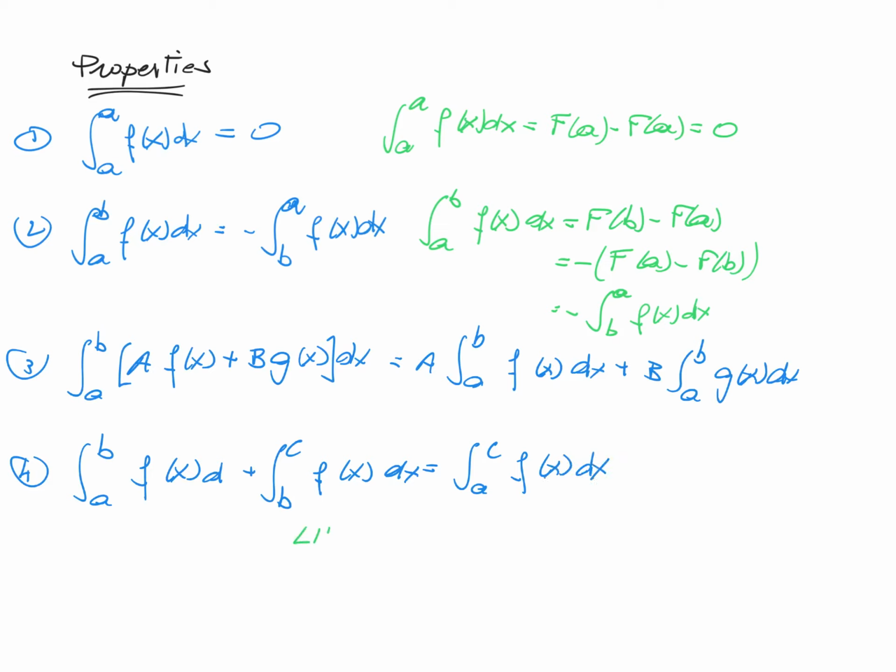So the left hand side, if we apply the formula, is F of b minus F of a, plus for the second part F of c minus F of b. So we see that F of b cancels out, and we have F of c minus F of a, or it is the integral of f of x dx between a and c.